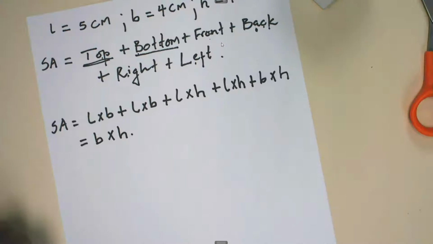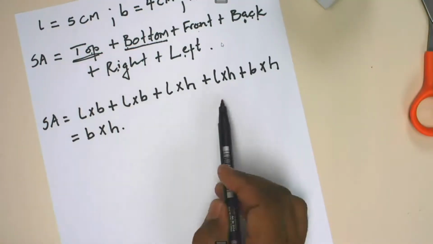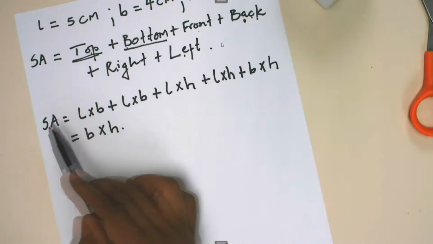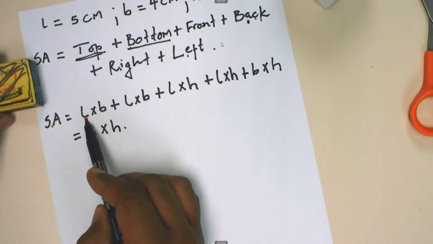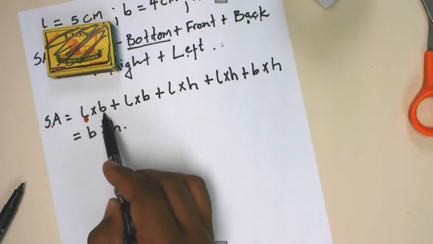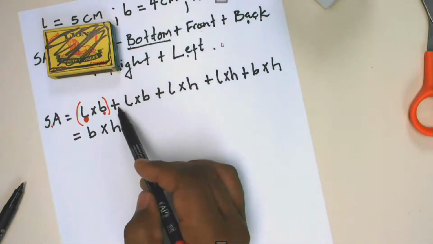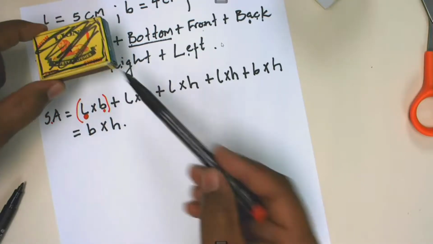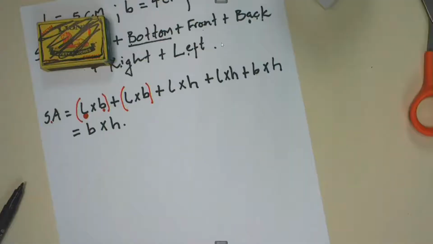Now, if we look at what we have here, the surface area of this rectangular prism is the length, that is the top side, multiplying the breadth side, plus the bottom part, which is also length multiplied by breadth. Now we look at the like terms.